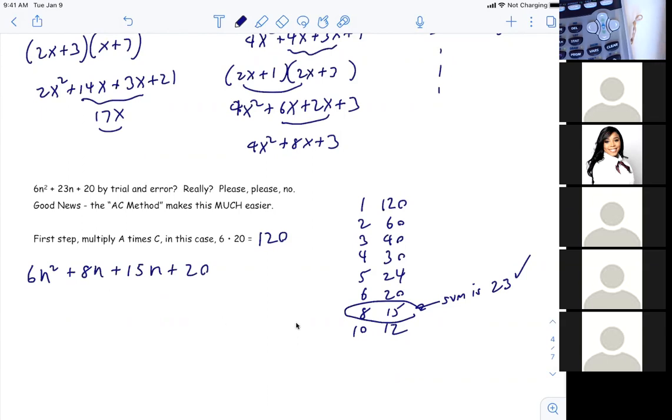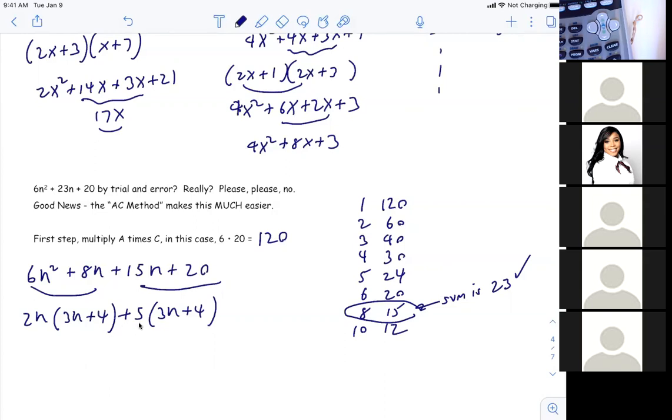Now, remember 2 days ago, what do we do with this when it's 4 terms? We do that, right? Factor by grouping. If I take out the GCF there, that would be 2n times 3n plus 4. The GCF here would be a 5 times 3n plus 4. And look at the magic.